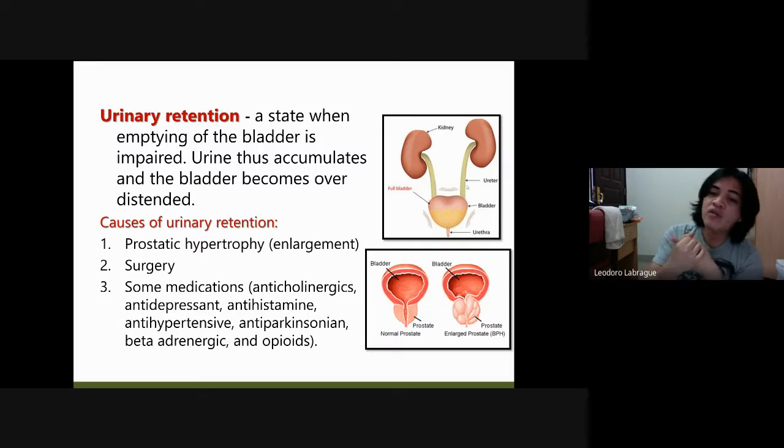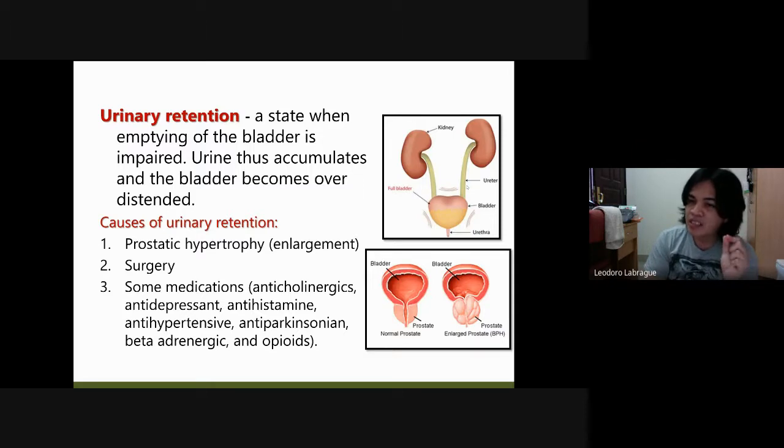Normally, the flow of the urine will be restricted. Why? Because there's an enlarged prostate. And this is common. It comes with age. As a male person becomes older, there's a higher tendency to develop prostatic hypertrophy. That's why most of them may experience urinary retention.